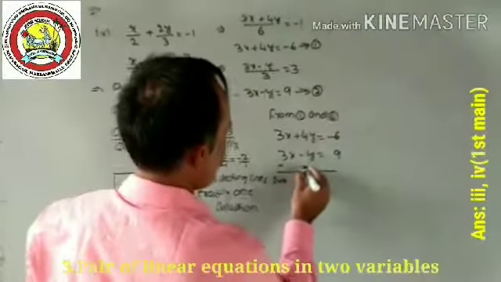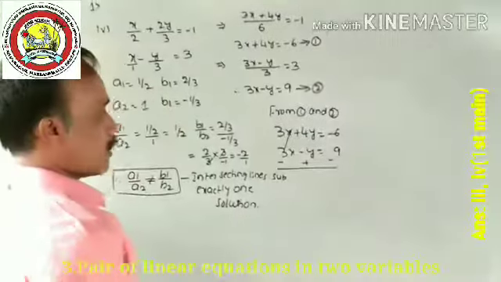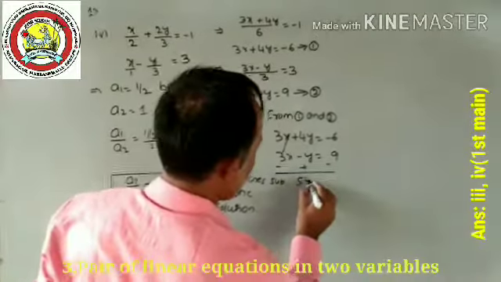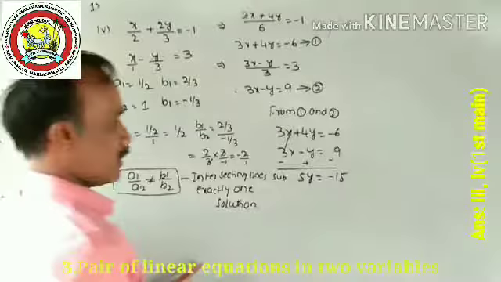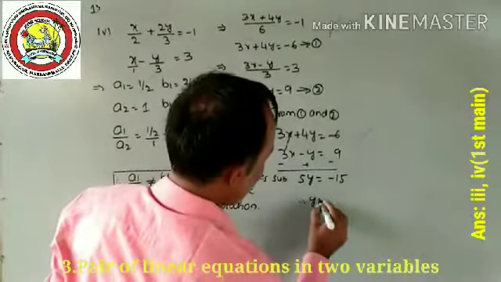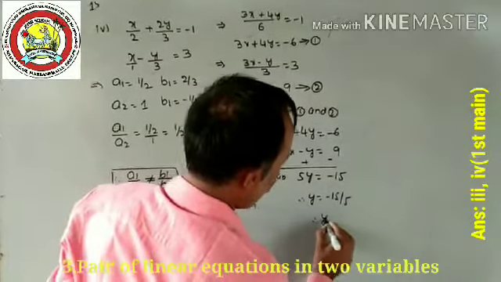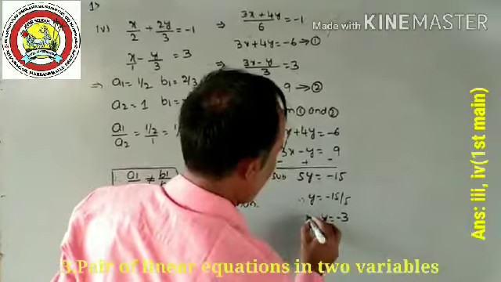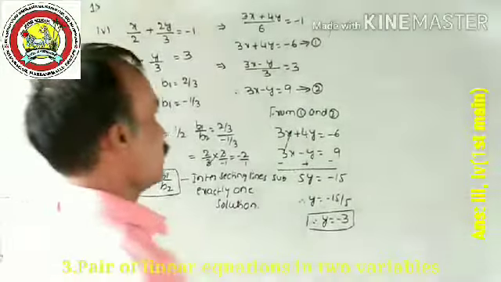Here minus becomes plus, and 3x cancels. Plus 4 plus 1 is plus 5y is equal to minus 15. Therefore y is equal to minus 15 by 5, so the value of y is minus 3.